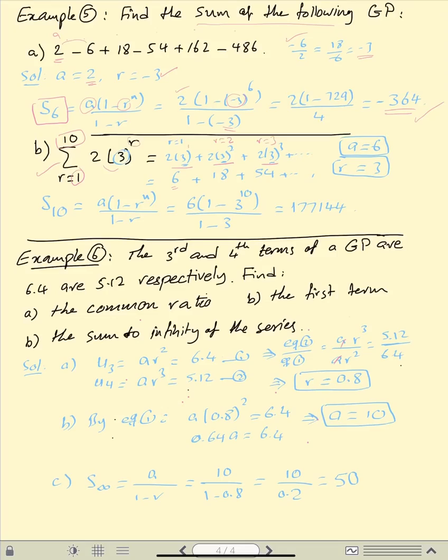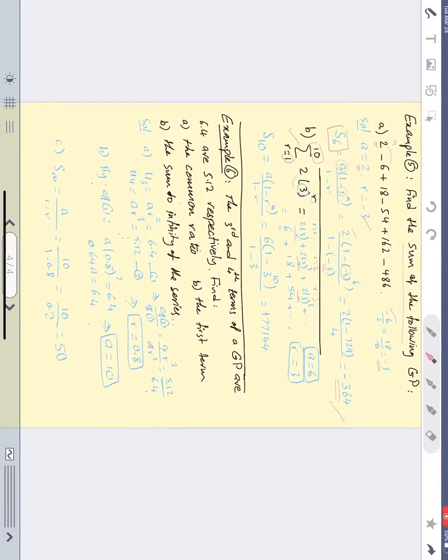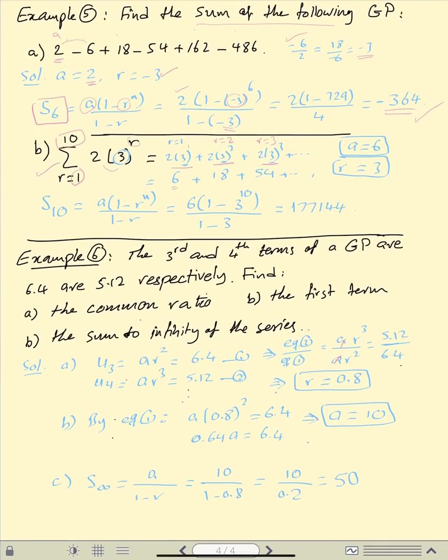You will notice that 54 divided by 18 is 3. 18 divided by 6 is 3. So we know that A, the first term, is 6, and the common ratio is 3.